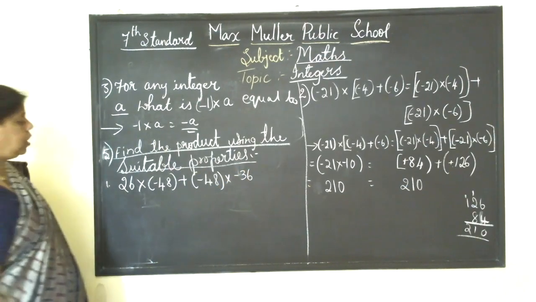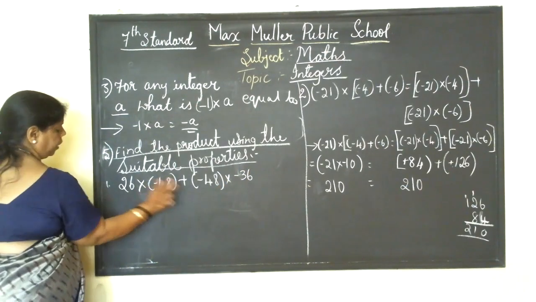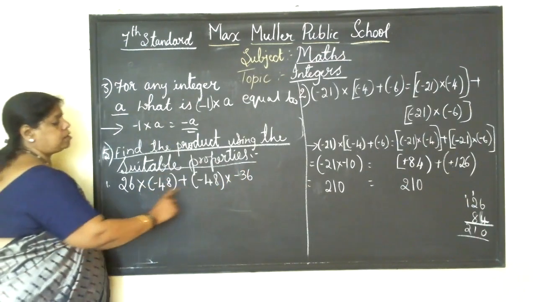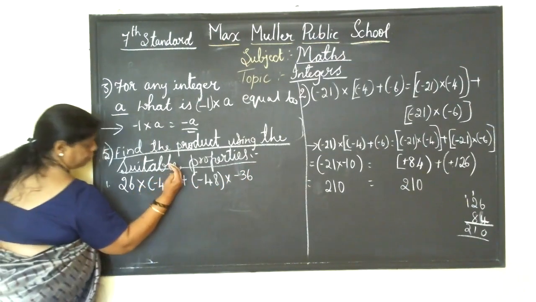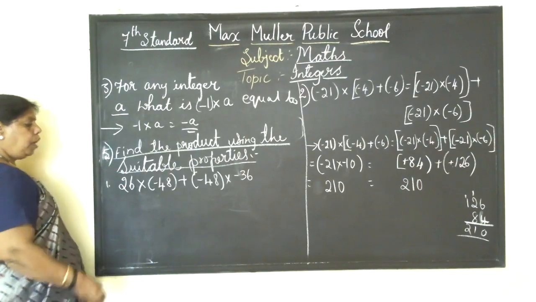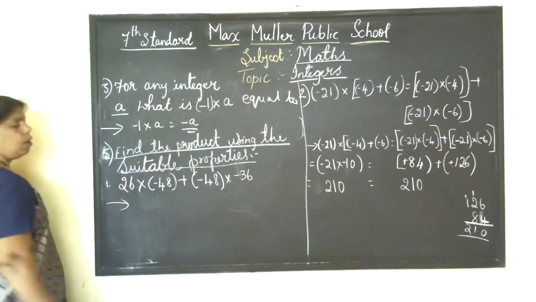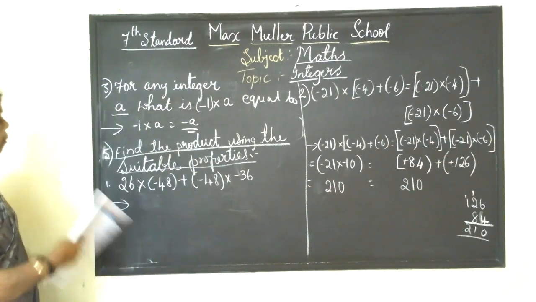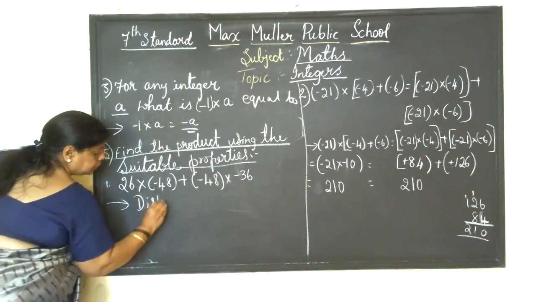See, how will you see which property it is? Okay, the same number repeats on both sides. This is one set of numbers and this is another set of numbers. So it comes under distributive property. I'll write here distributive property.